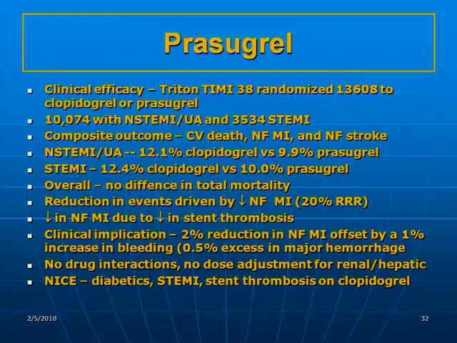That was the driving variable that ended up leading to the significant reduction in events. But the offset then is this 0.5% increase of life-threatening bleeding. And so I think the net benefit, if you really looked at it mathematically, is about 1.5%, or 1.5 patients per 100 had better outcomes with prasugrel.